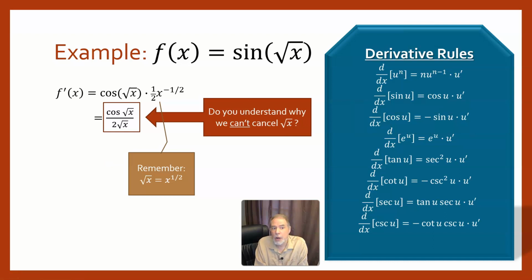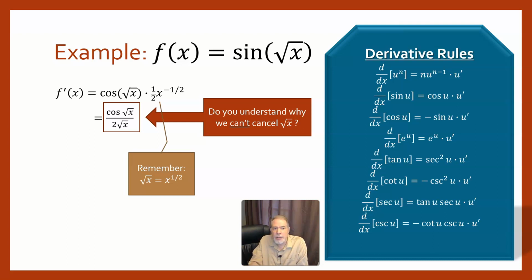Do you understand why? Because on top, where it says cosine square root of x, the square root of x is not being multiplied by something. Instead, you're taking the cosine of the square root of x. So you can't divide out the square root of x because it's not being multiplied by something else.